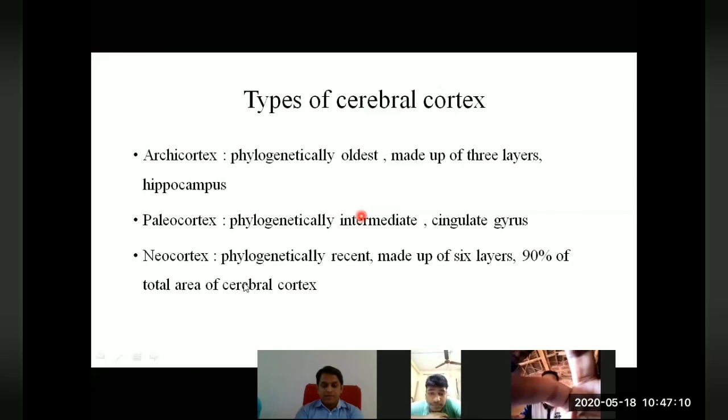And where the hippocampus lies, I have shown you that it lies on the inferior surface. The next cortex, what you see here, phylogenetically intermediate in origin, is the paleocortex. That's the cingulate gyrus. So where do you expect the cingulate gyrus? I'll show you in my previous picture.